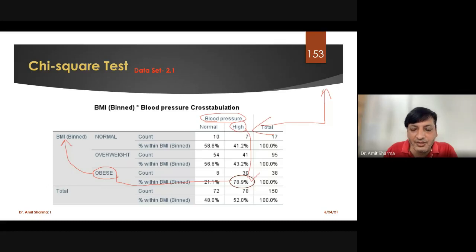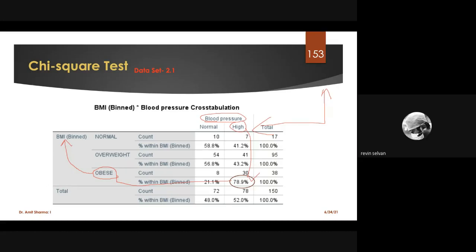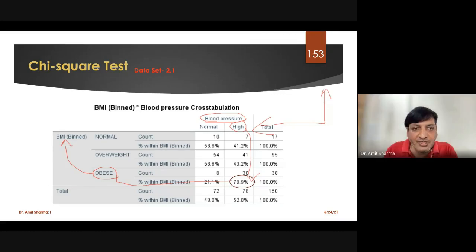You have to make a set. That means the set was made for obese BMI and high blood pressure. You have made this set, that the maximum proportion was found under this group.